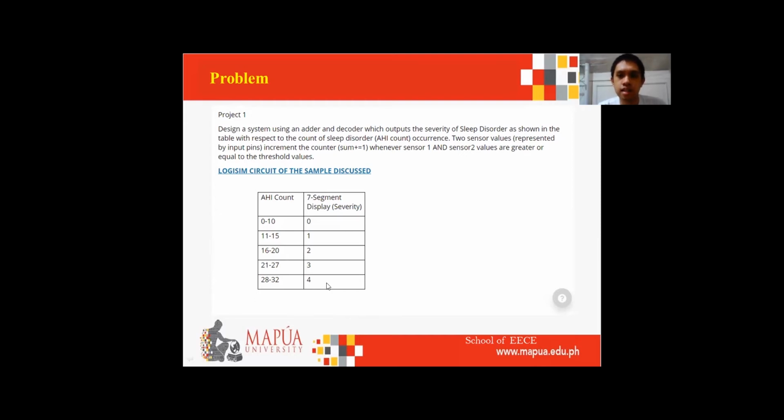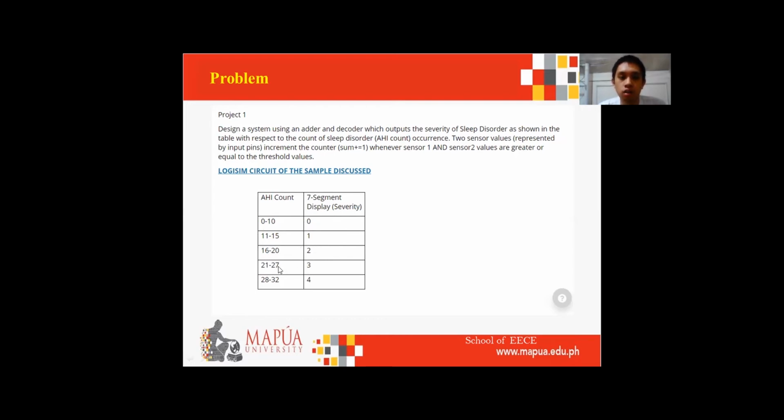So here is the set of data that is assigned to our group. If the AHI-count is within 0 to 10, the display will have an output of 0. If the AHI-count is within 11 to 15, then the output will display 1. If the AHI-count, on the other hand, is within 16 to 20, then the output will display 2.